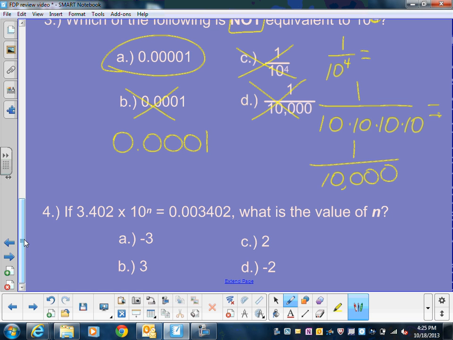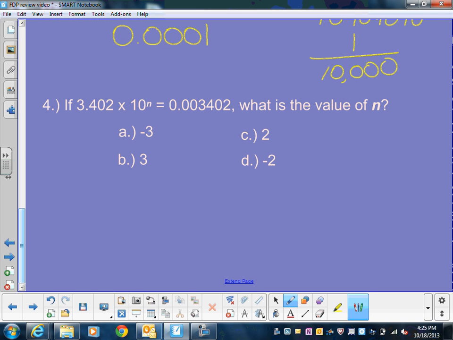In question 4, we're being asked to figure out what the exponent would be in our scientific notation. That being said, we're going to start with this decimal value, and we're going to convert it into scientific notation.